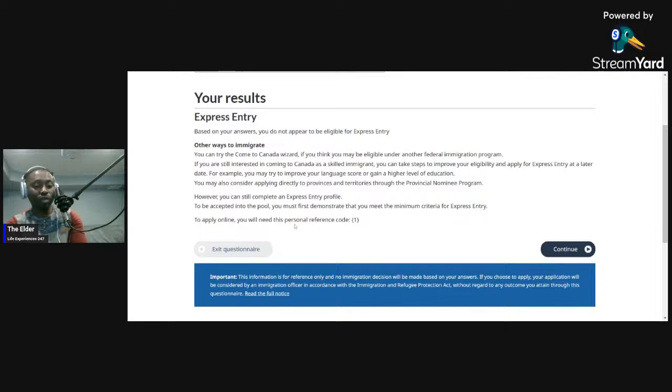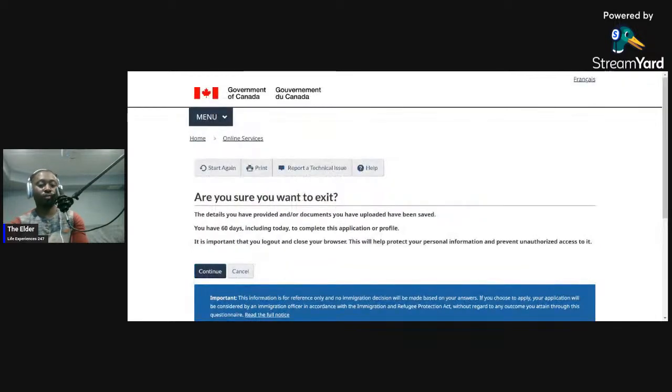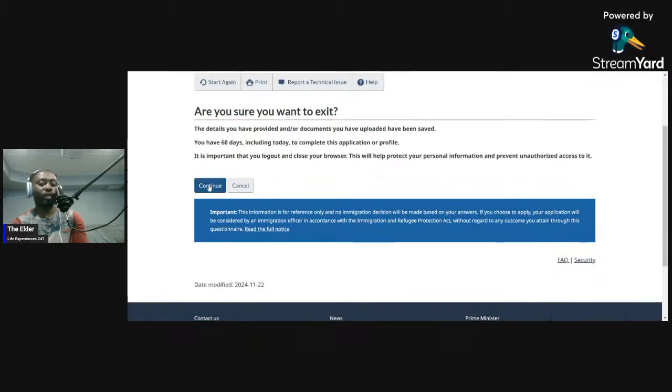To apply online, you need this personal code. So, exit questionnaire. I remember a friend actually told me they also went through this application and they were also told they do not qualify yet. But I think that is because, especially for the work experience, I probably chose just 2 or 3 years.